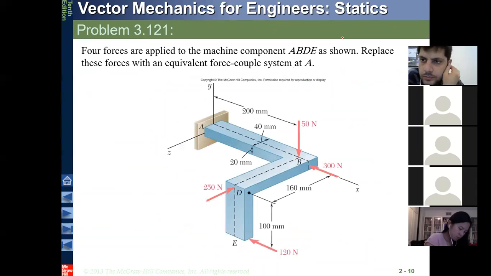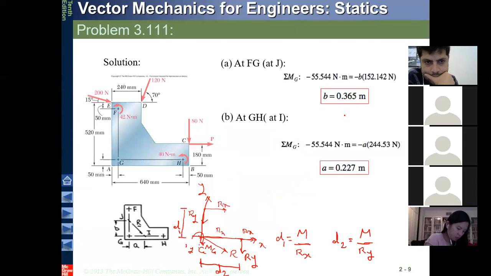Okay, in A and B, you mean the point that we calculated the location? All right, then.